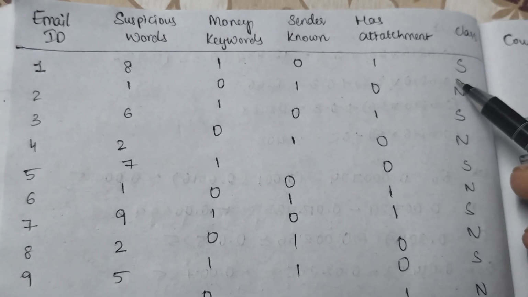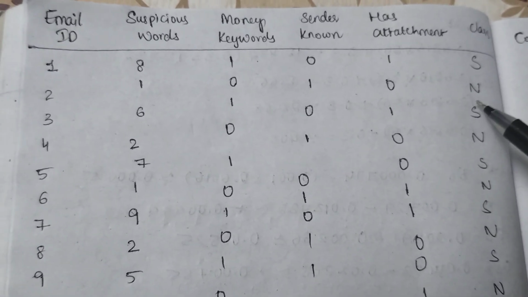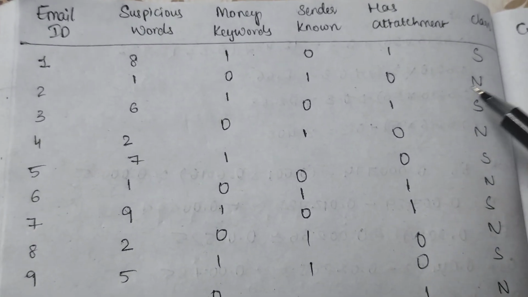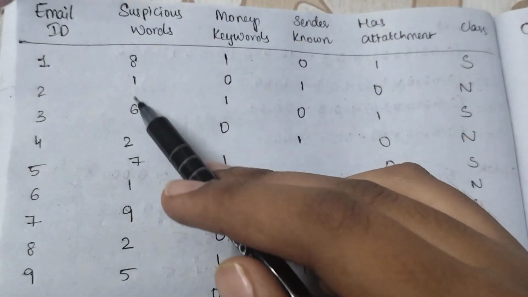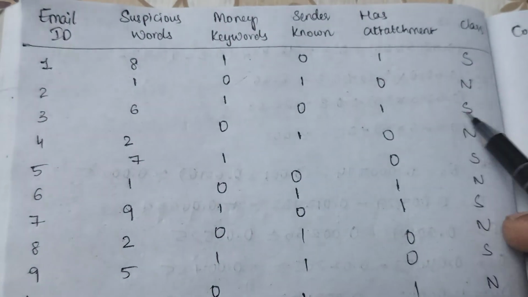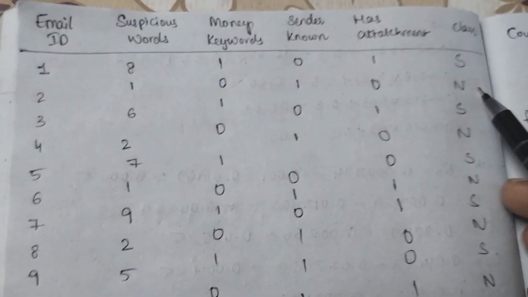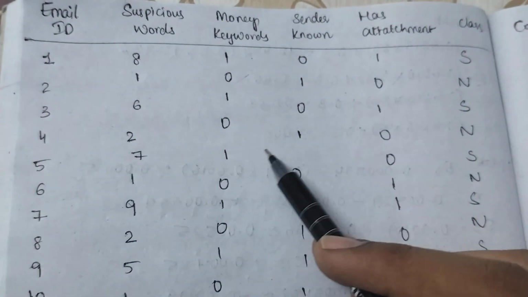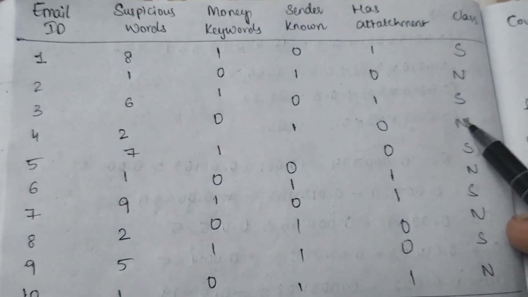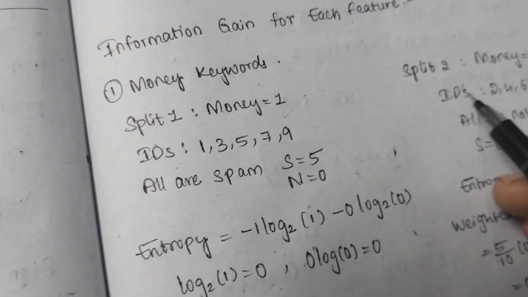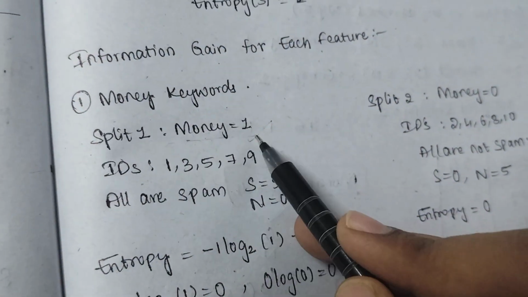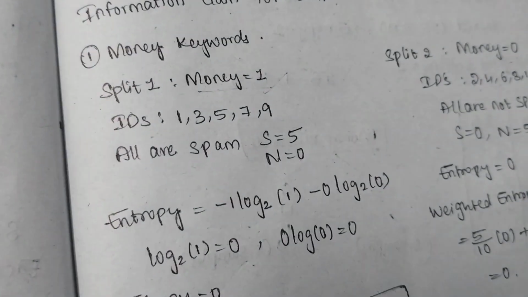That means they become not spam. For example, in ID 2 it is 0, that means it is N, not spam. Again, in ID number 4 also it is 0, not spam. Like that we consider a split of case 1 and 0.